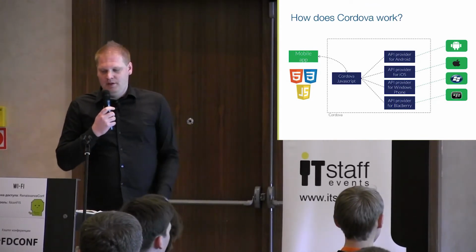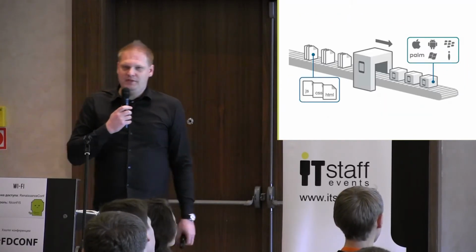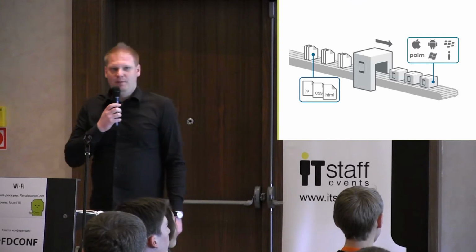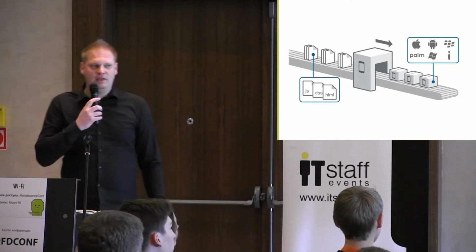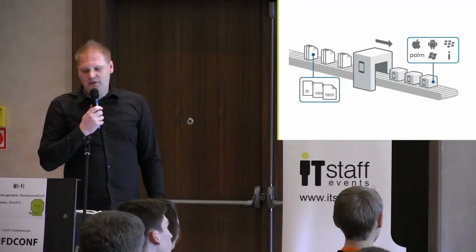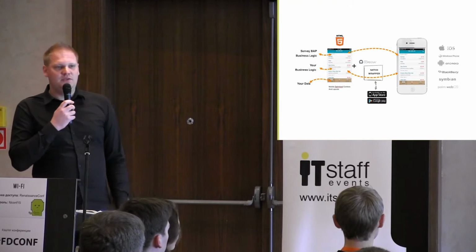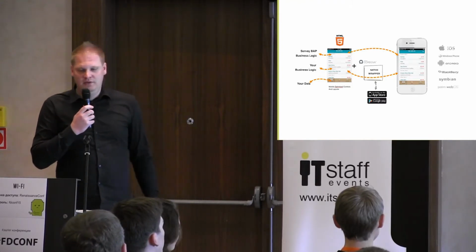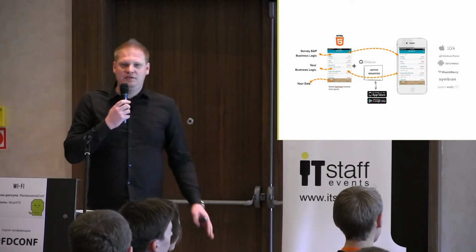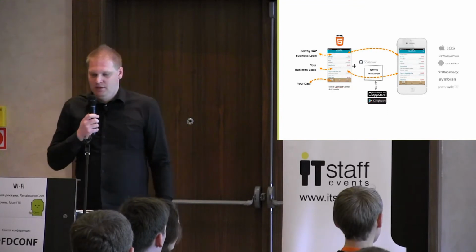And from a technical perspective, how does Apache Cordova work? Basically, you write a web page, HTML, CSS, JavaScript, put everything into one folder, and hook it up with Apache Cordova. Apache Cordova is basically a JavaScript layer which has access to native functions provided by native code. So all you need to know is JavaScript, and it's accessible through a JavaScript namespace.